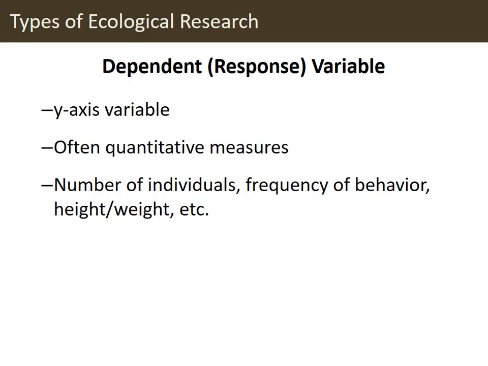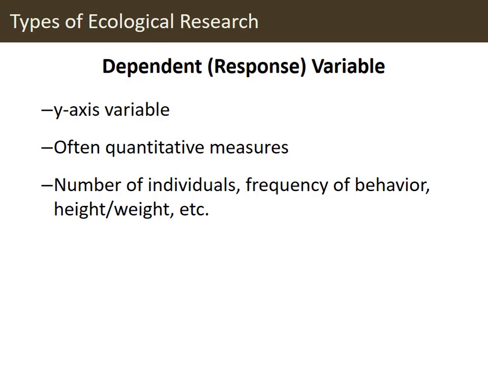Your y-axis is usually a quantitative measure. It's a count, it's a height, it's a number, it's a mass or a weight. And so if we think about something like Jeremy's interest in soil chemistry, maybe our x-axis is pH and our y-axis is overstory height.